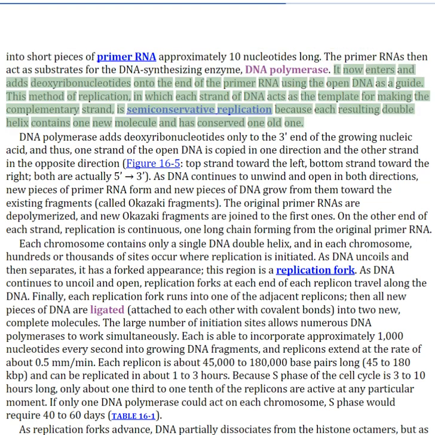It now enters and adds deoxyribonucleotides onto the end of the primer RNA using the open DNA as a guide. This method of replication, in which each strand of DNA acts as the template for making the complementary strand, is semi-conservative replication because each resulting double helix contains one new molecule and has conserved one old one.